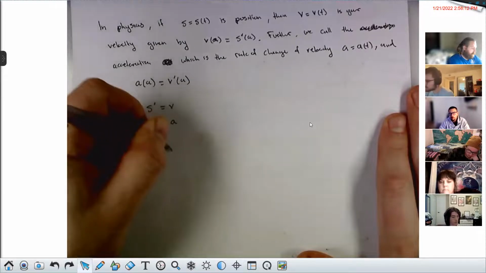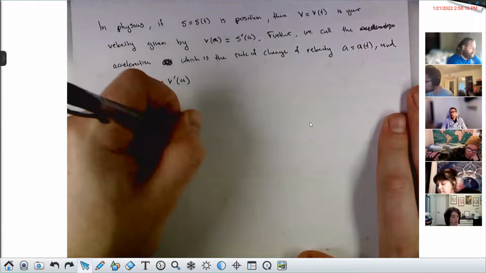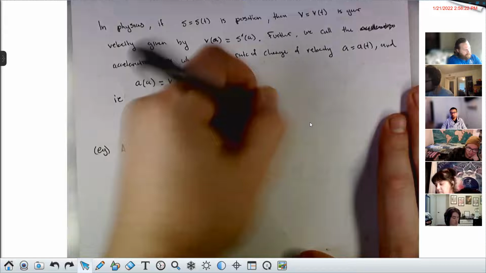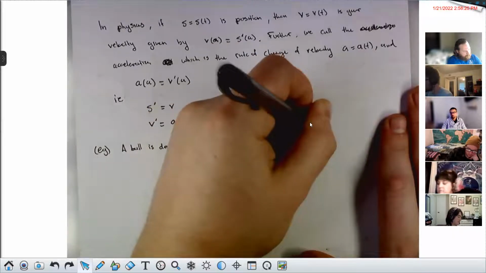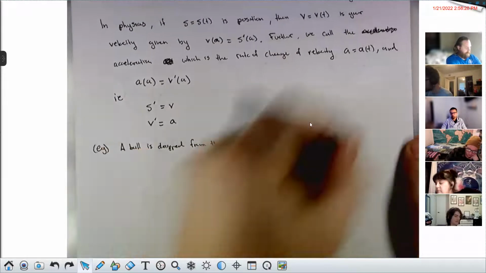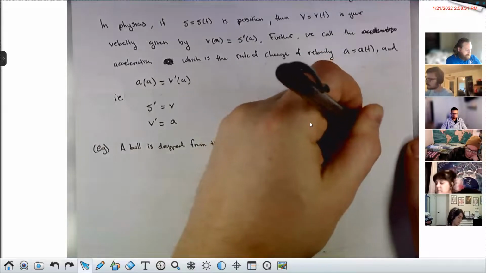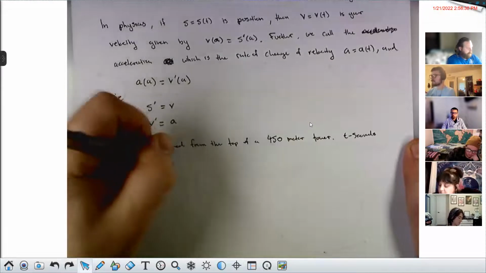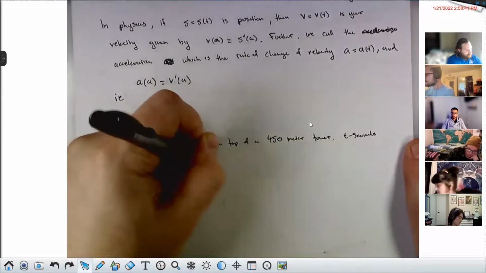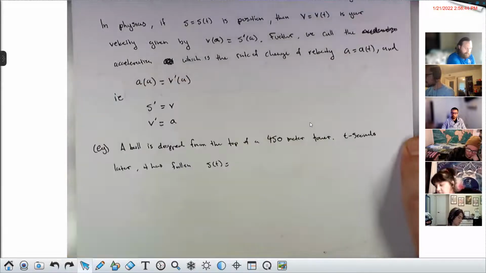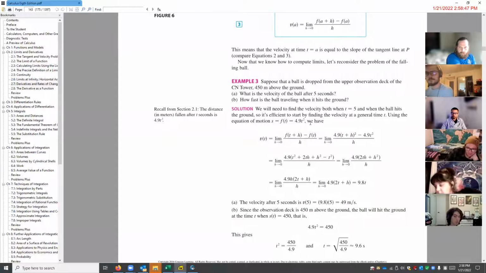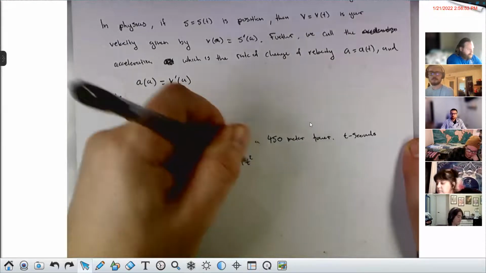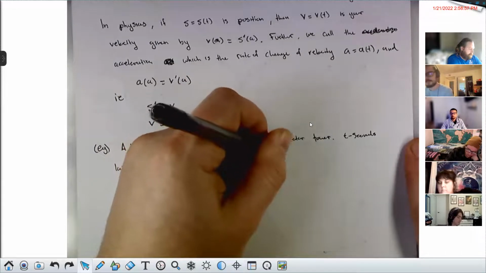A ball is dropped from the top of a 450 meter tower. t seconds later, it has fallen. s of t equals 4.9 t squared meters.